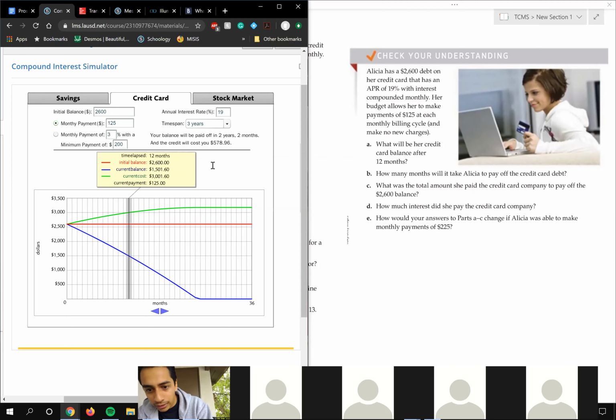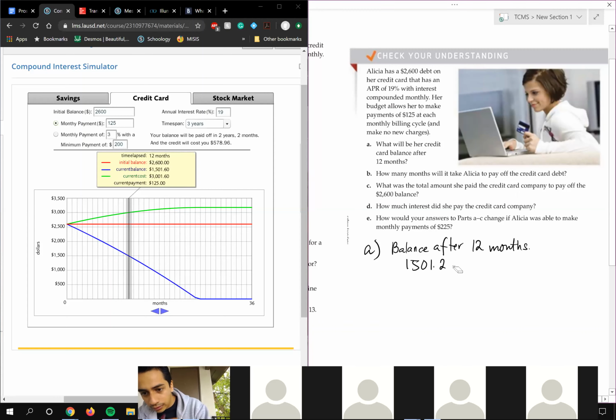So for part A, the balance after 12 months is $1,501.60.